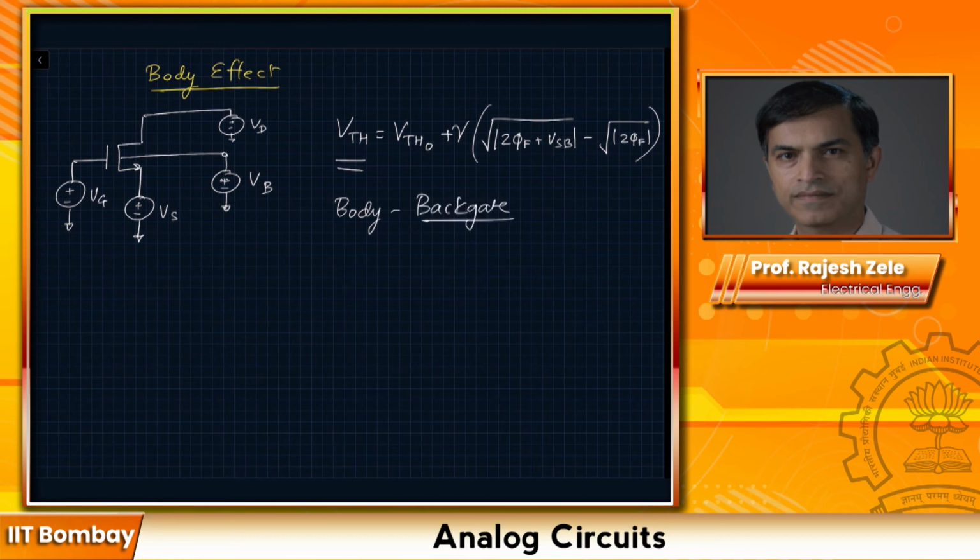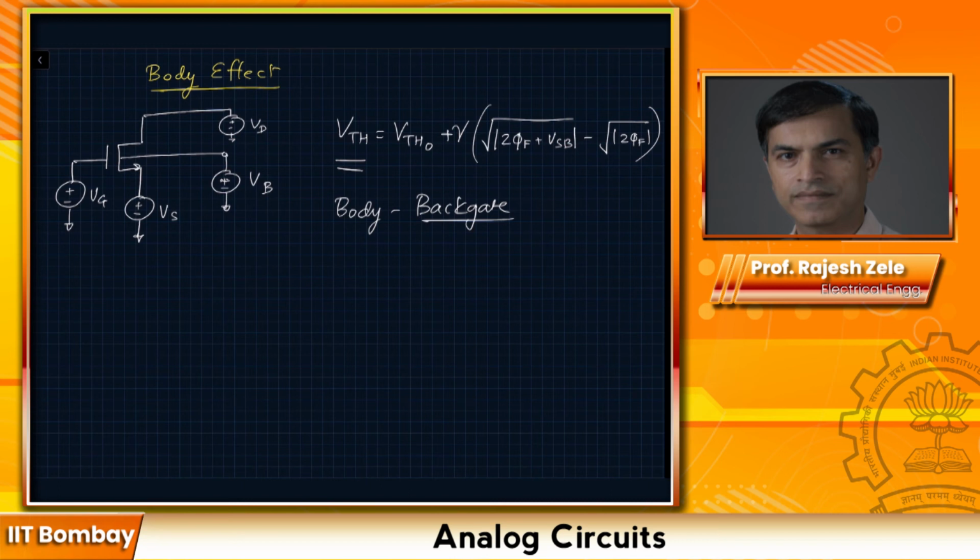So there are two terminals which can control the current of a saturated MOSFET transistor. One of them is the regular gate and the second one is the back gate. Now we will try to figure out if body potential has an effect on the drain current, then what is the transconductance?